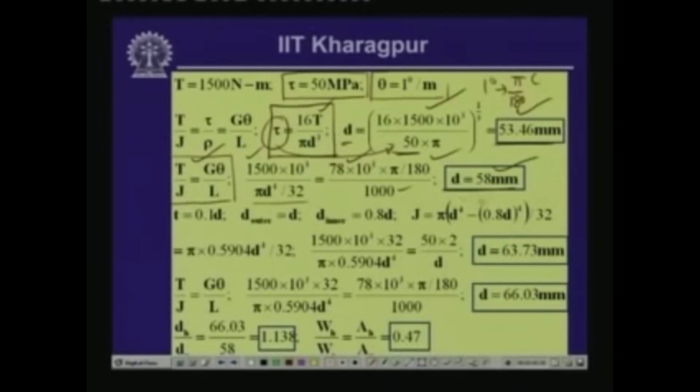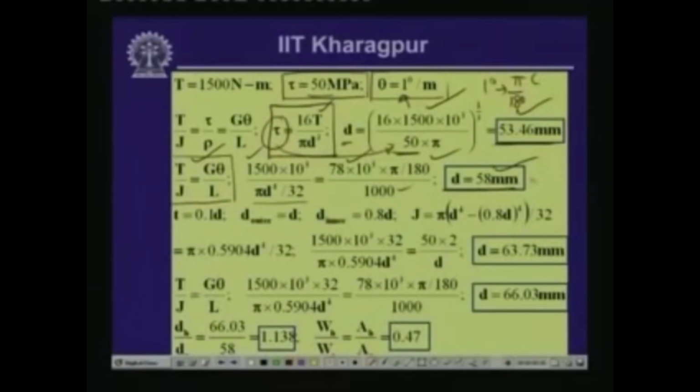Now, out of these two diameters, this much of diameter is necessary so that shear stress is kept within the limit of 50 megapascal, and this much of diameter is necessary for the rotation to be 1 degree per meter length. Now, you will have to select the diameter in such a way that it satisfies both the criteria.